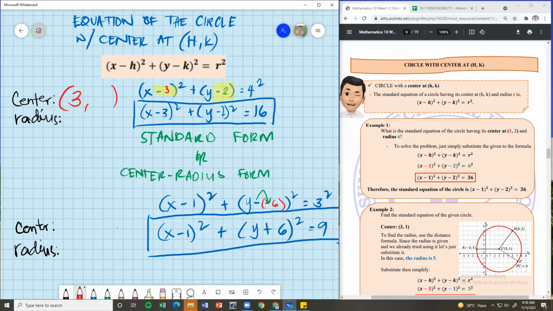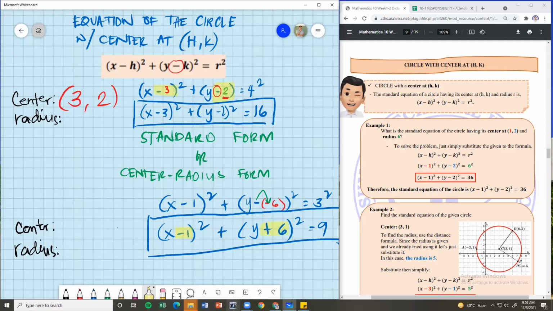Similarly with the y, or with the k, it's still negative. There's the negative and still negative. In short, your value is positive. Take note of that. Unlike here, look at this. In the next given, this is negative 1, and let's look at the final answer. This is negative 1, and this is positive 6.